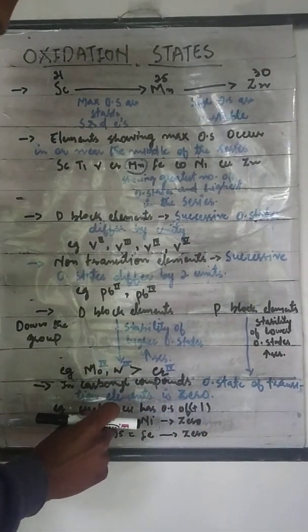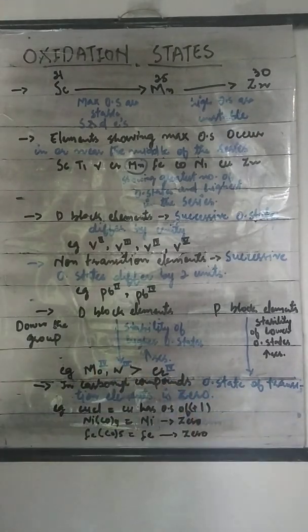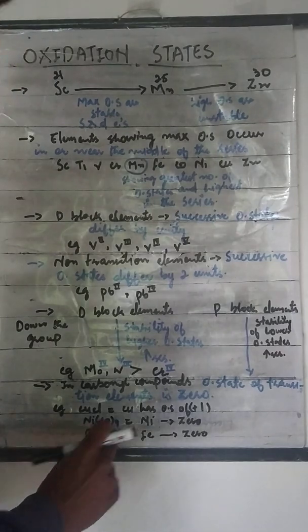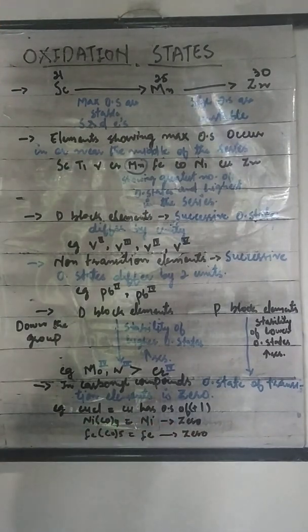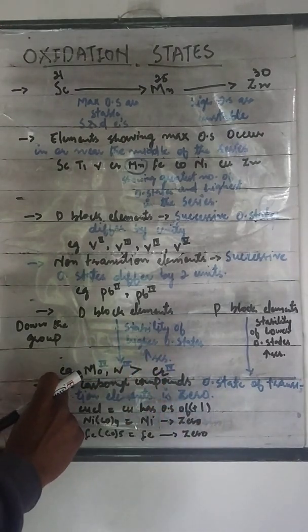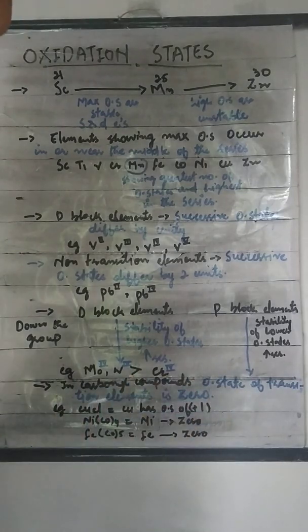Nickel here acts as a central metal atom and the carbonyl acts as a ligand. In case of iron pentacarbonyl, iron has an oxidation state of 0. And that's why I have written here, in carbonyl compounds, the oxidation state of transition elements is 0.